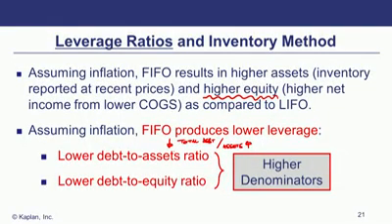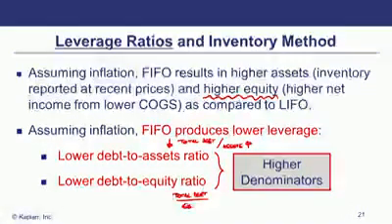Debt to equity, again, total debt over stockholders' equity: total debt is unaffected, but of course, net income is higher in the income statement. Net income is higher by the change in the LIFO reserve times 1 minus tax. And if net income is higher, retained earnings are going to be higher under FIFO. So we get a higher equity figure and therefore lower leverage if we use FIFO in an inflationary environment.